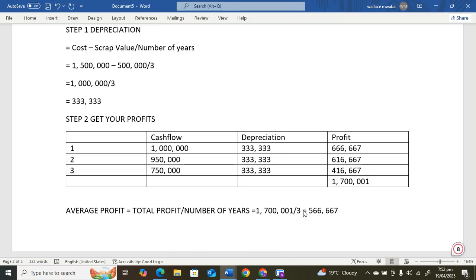All right. So we can call this step 3 where we get our average profit.